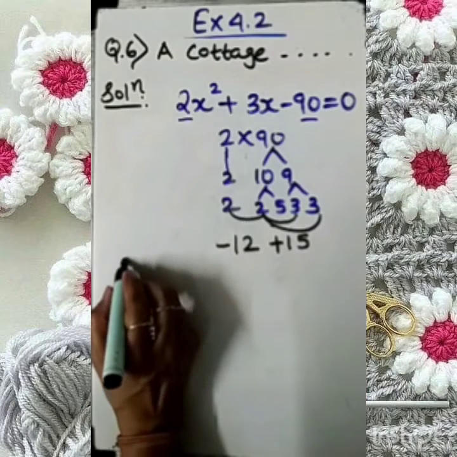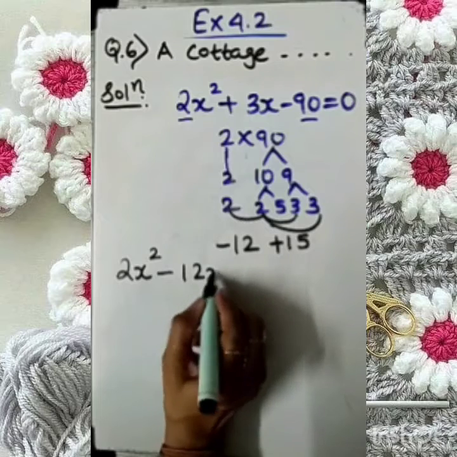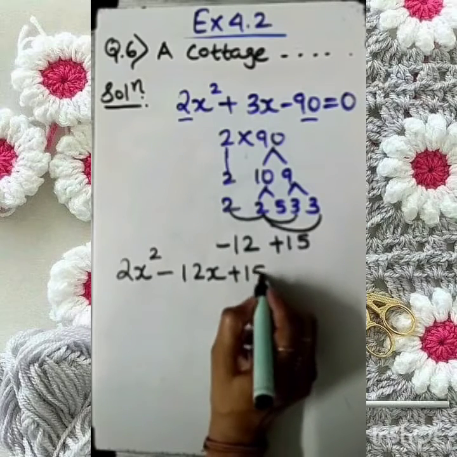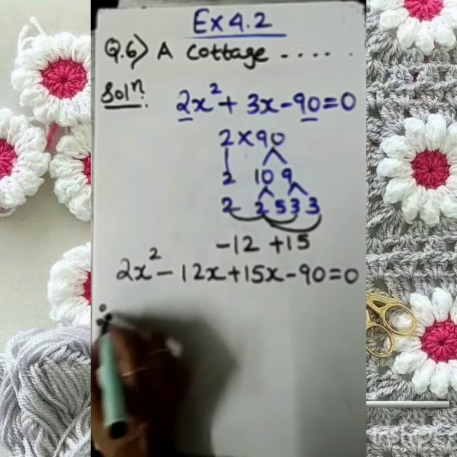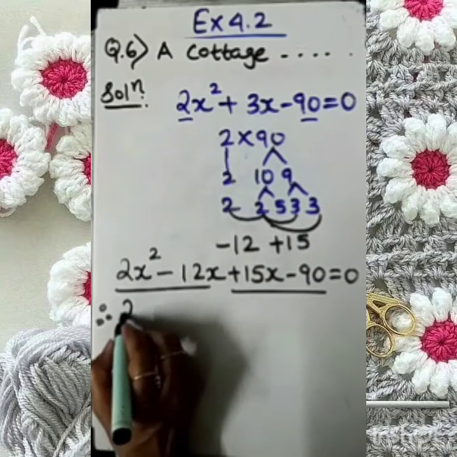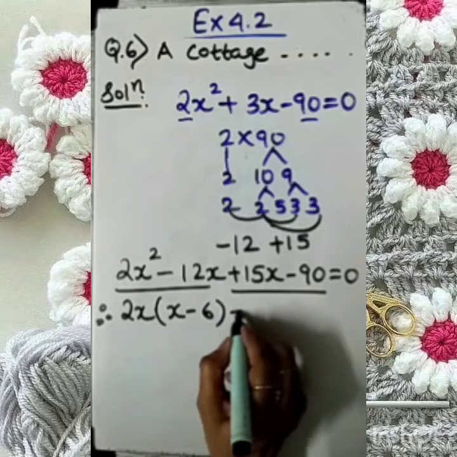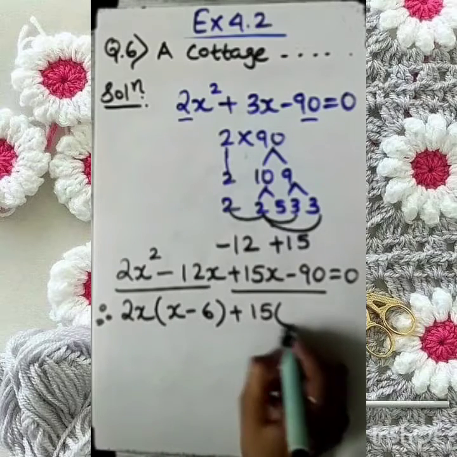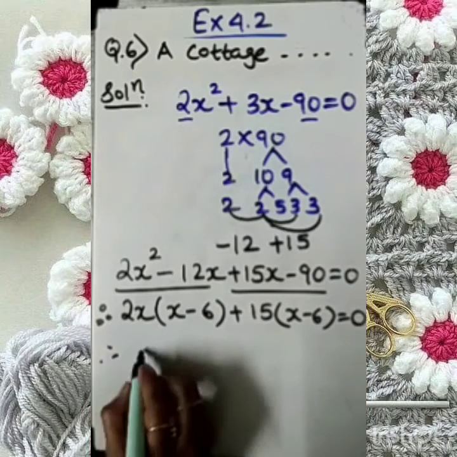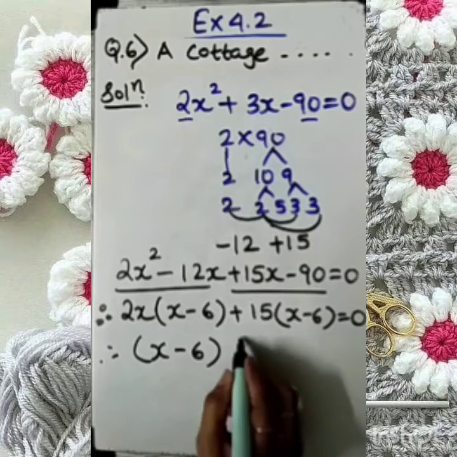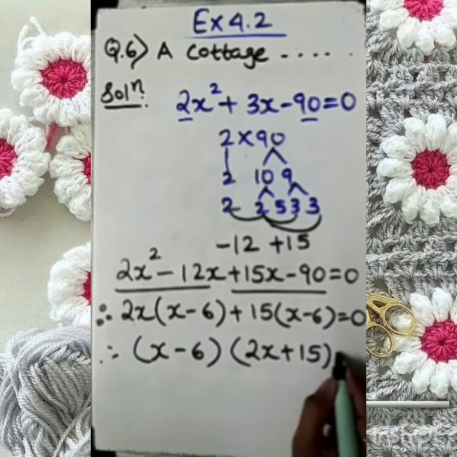So finally I should say 2x square minus 12x plus 15x minus 90 equal to 0. Therefore, from the first two terms 2x is common, so x minus 6. From these two terms 15 is common, so x minus 6. So the two factors are x minus 6 and 2x plus 15, equal to 0.